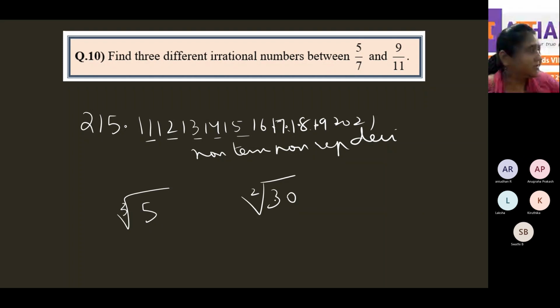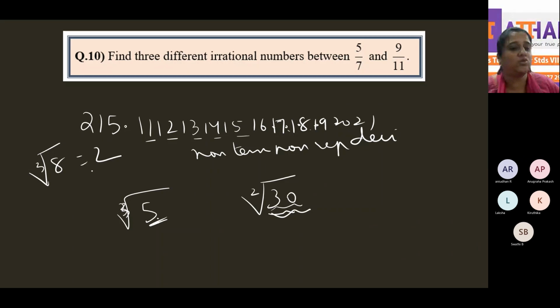All these are irrational numbers. 30 is not a perfect square, so its value is a non-terminating, non-repeating decimal. 5 is not a perfect cube. If I write cube root of 8, that is 2, and 2 is 2 by 1, which is p by q, a rational number.